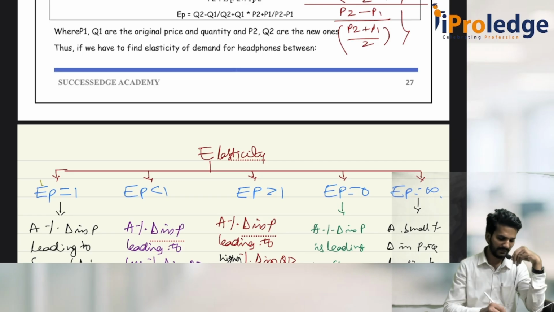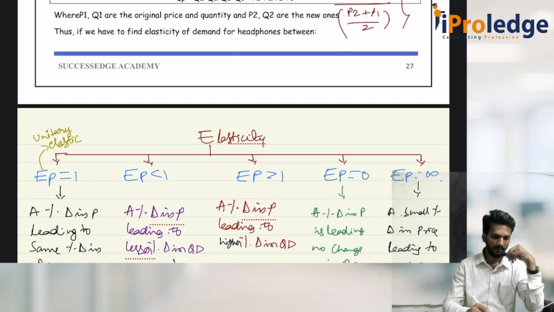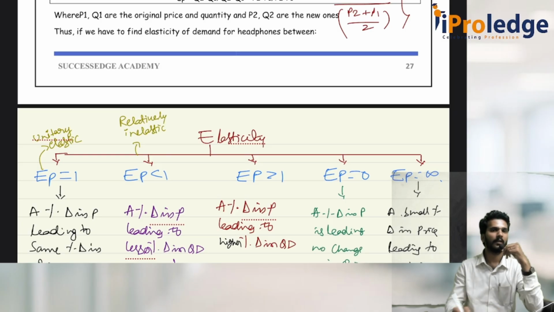When the elasticity of price is equal to 1, we call it unitary elastic. When the elasticity of price is less than 1, that means it is responding less, we call it relatively inelastic. It is not 100%.